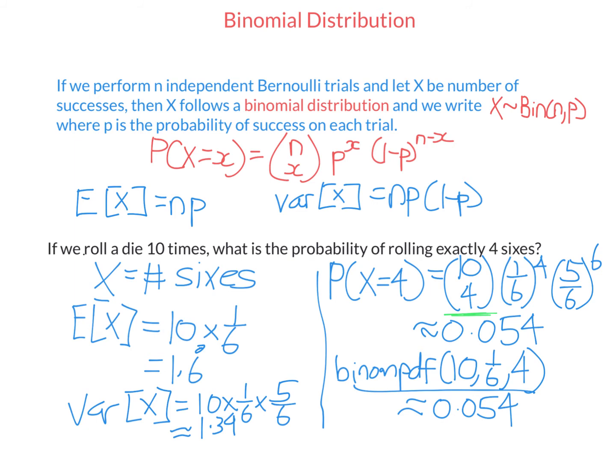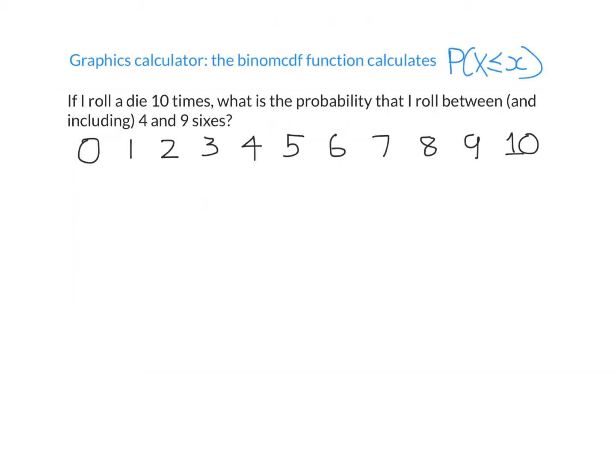Really useful. So on the previous slide, we looked at the binomial PDF function. That calculates the probability that you get a certain number of successes. We're now going to look at the CDF function, which instead calculates the probability that the number of successes is less than or equal to a given number.